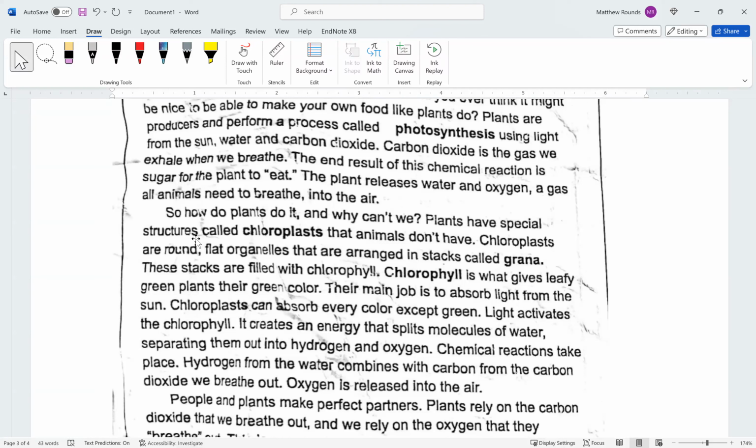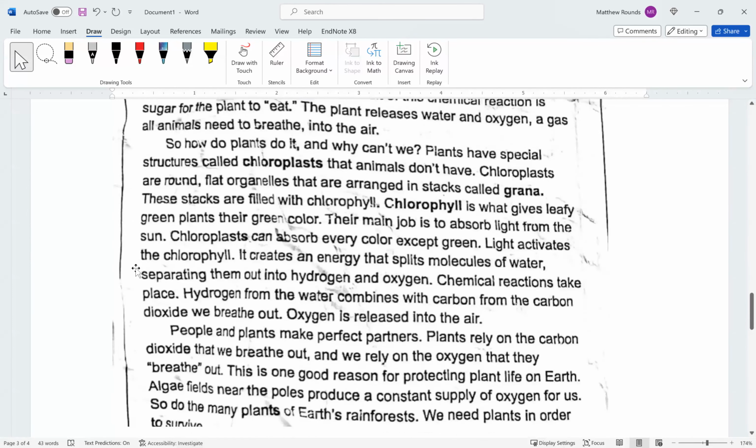Chloroplasts can absorb every color except green. Light activates the chlorophyll. It creates an energy that splits molecules of water, separating them out into hydrogen and oxygen. Chemical reactions take place. Hydrogen from the water combines with carbon from the carbon dioxide we breathe out. Oxygen is released into the air.